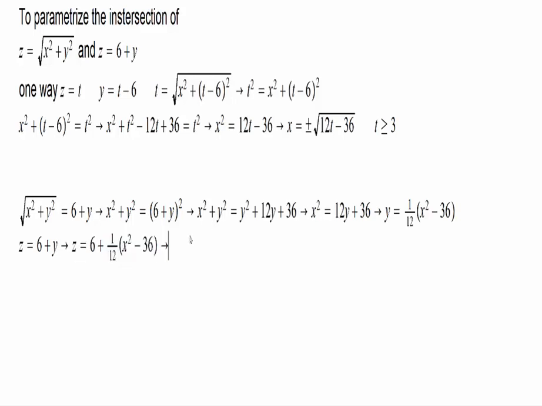So we can take 12 as the common denominator. Here we have 72 plus x squared minus 36.